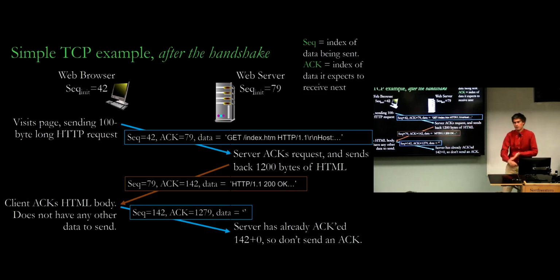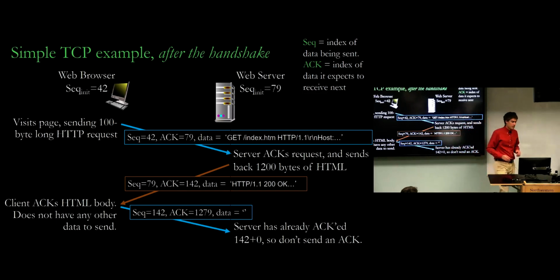Does the server have to keep in a buffer or somewhere all the acknowledgements that it sent? It doesn't have to keep all the acknowledgements, it just has to keep the highest acknowledgement it has sent, because it uses cumulative acknowledgements. This is different than selective repeat. In selective repeat, it has to keep track of everything that it acknowledged. So the acknowledgements tracked by the receiver are pretty simple. It just has to keep track of what's the highest acknowledgement number I sent back. In this case, it was 142 previously.